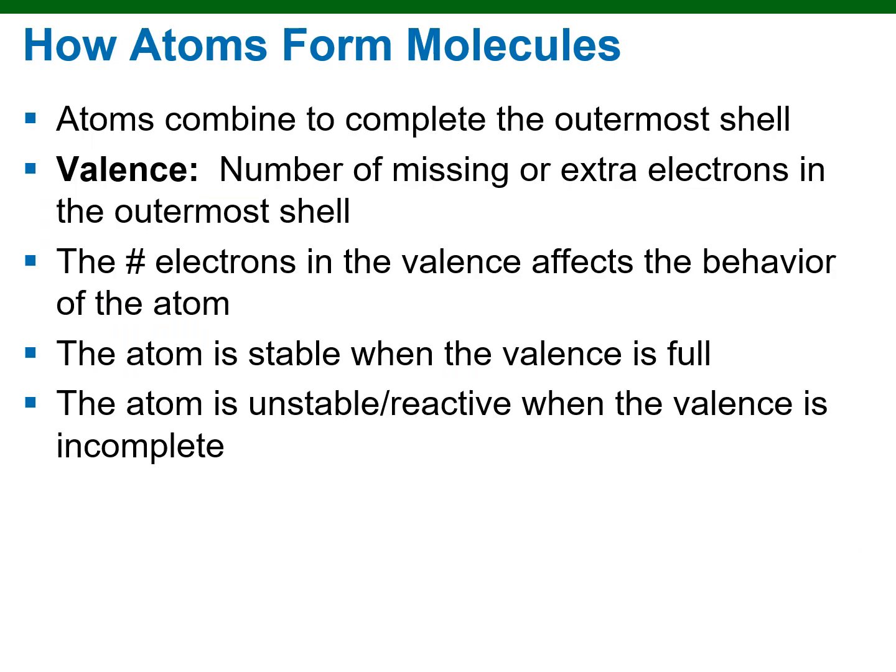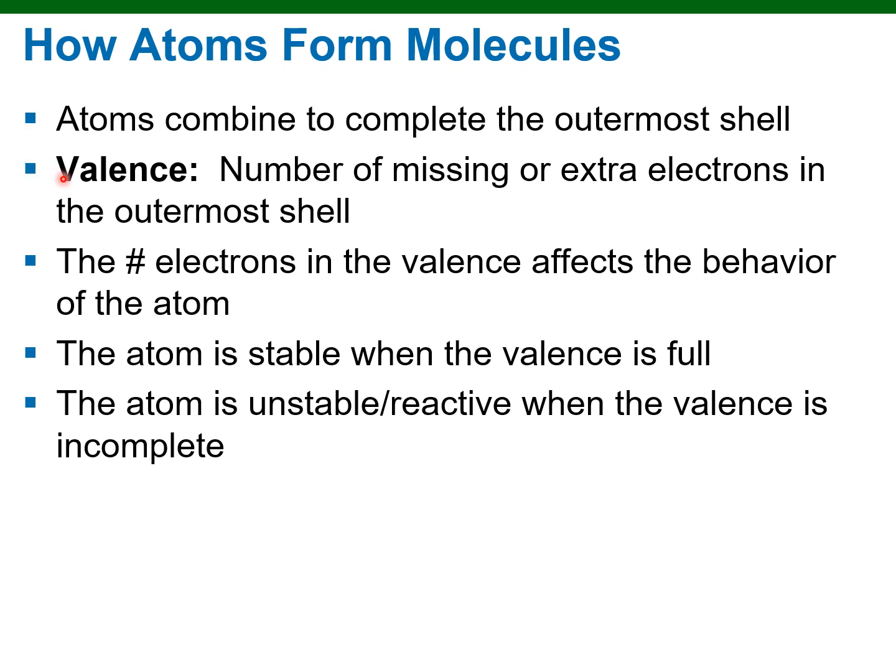Now that we've established a basic understanding of atomic structure, we can look at how atoms can combine with other atoms to form molecules. And molecules are going to form according to how the outermost shell of electrons interacts with another neighboring atom.